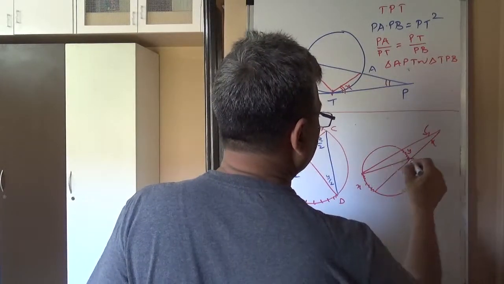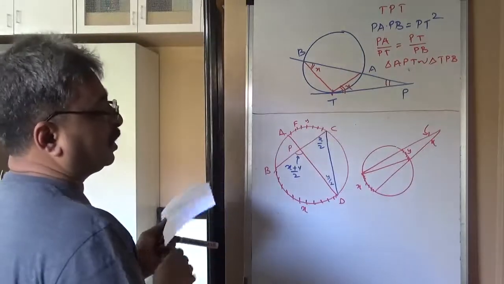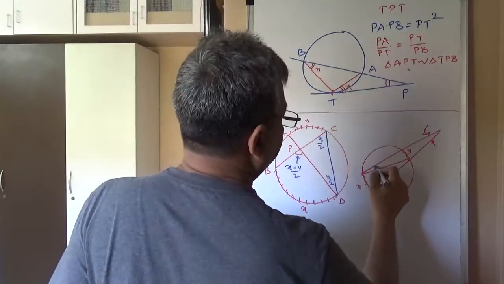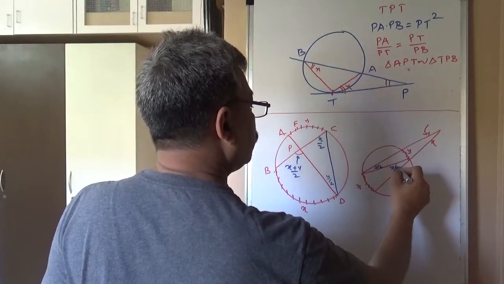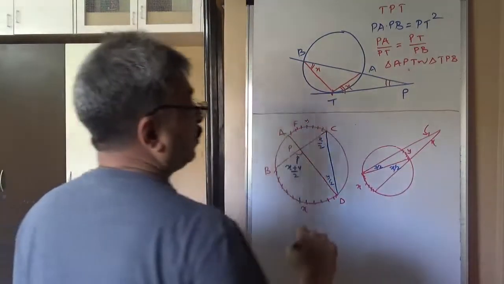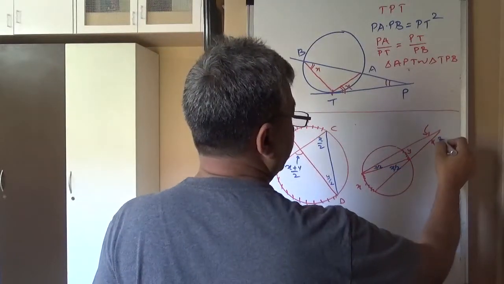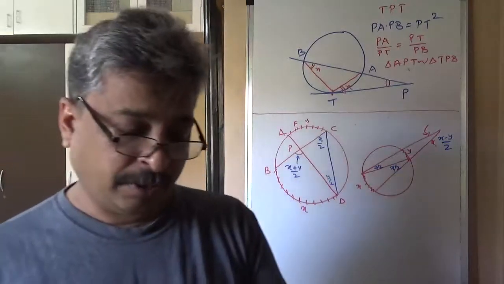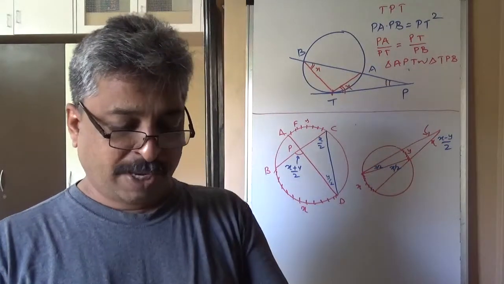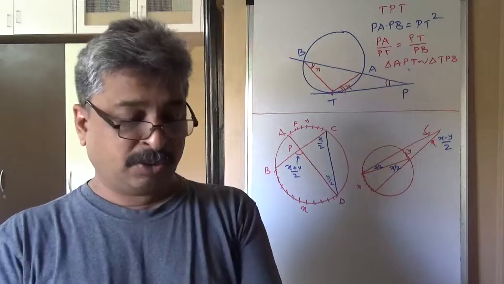So if we join one of the two chords, then this is y by 2, this will be x by 2, right? And therefore the measure of this will be (x minus y) by 2 by the exterior angle theorem. So by the exterior angle theorem we prove this.